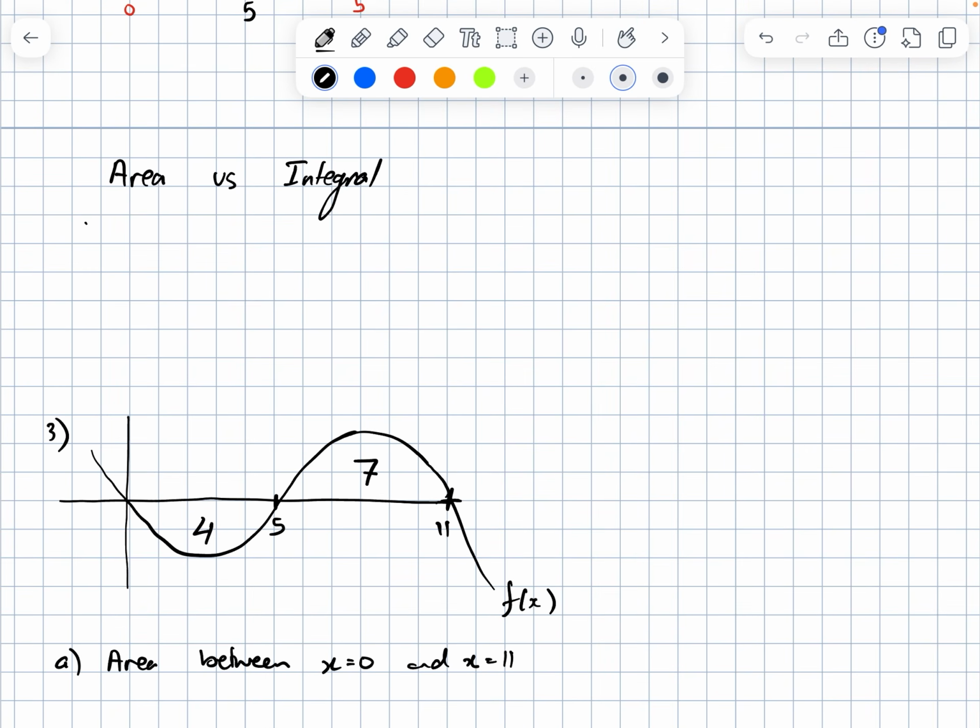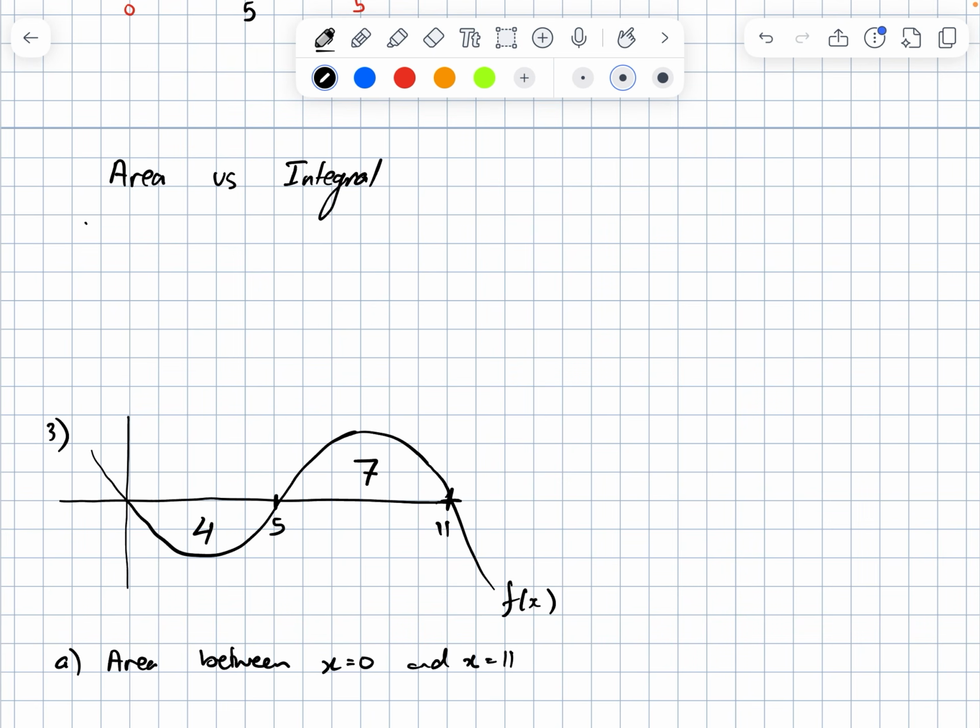Now, when you're calculating an area and a definite integral where the entire region is above the x-axis, they are exactly the same thing. However, when you're dealing with questions where part of the area you're trying to find is below the x-axis, we have to really understand the difference between what an area is and what an integral actually does.